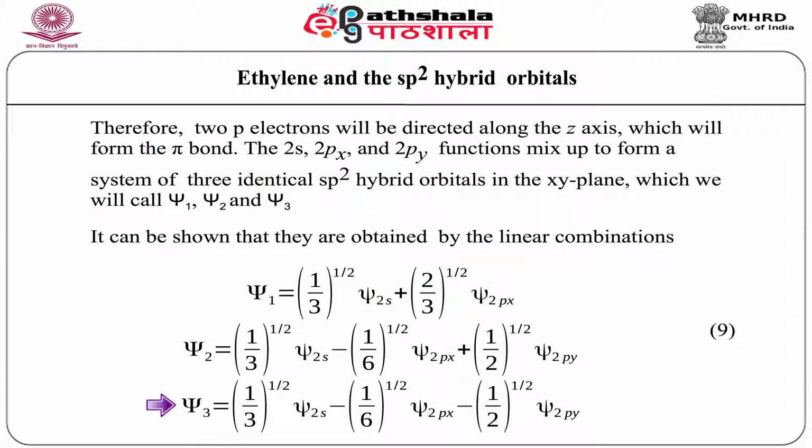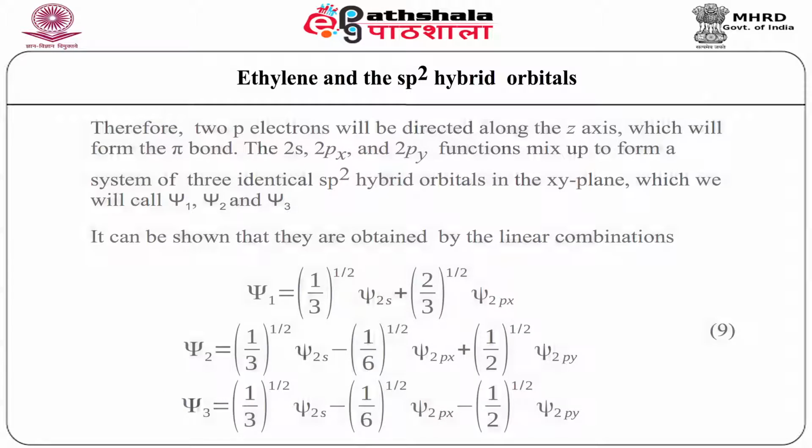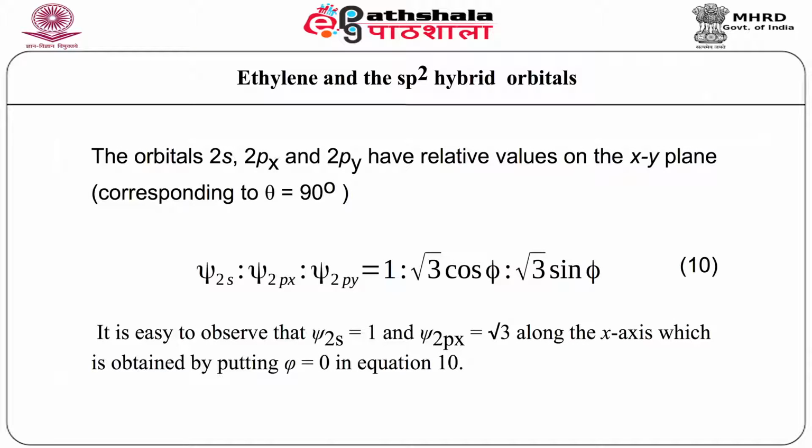Ψ3 equals square root of 1 by 3, Ψ2s, minus square root of 1 by 6, Ψ2px, minus square root of 1 by 2, Ψ2py.